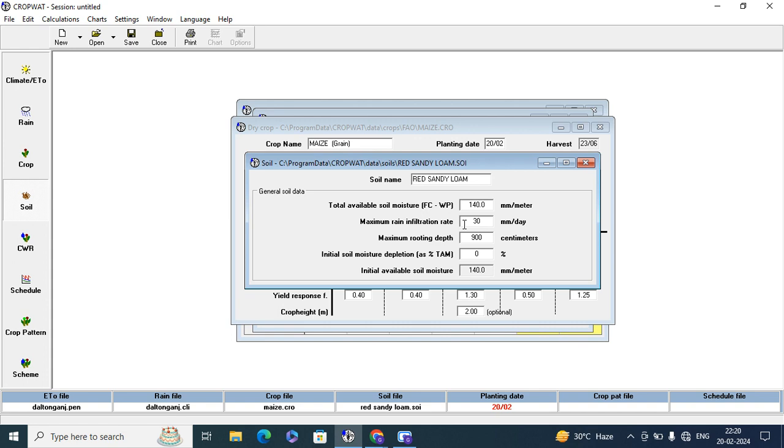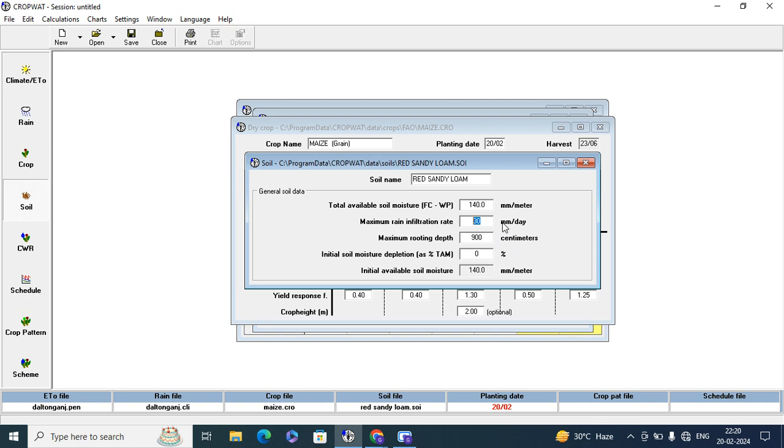Now the total available moisture is 140 millimeter per meter. It means within a depth of 1 meter, the amount of water, better say the rainwater, is 140 millimeter. Now the maximum rain infiltration rate is 30 millimeter per day. If you multiply 30 with the number of days in the particular month for which you are making the study, we will get the total amount of infiltration for that month.